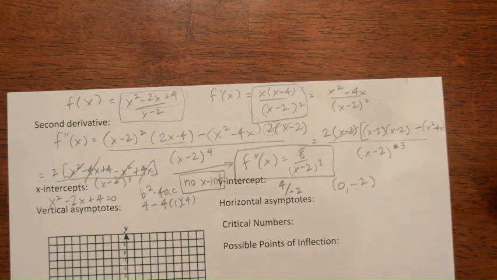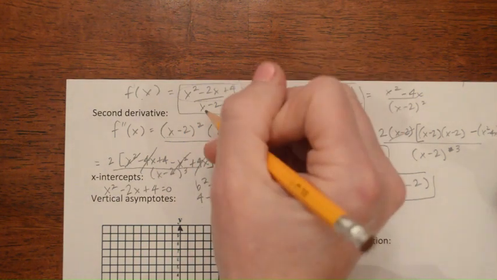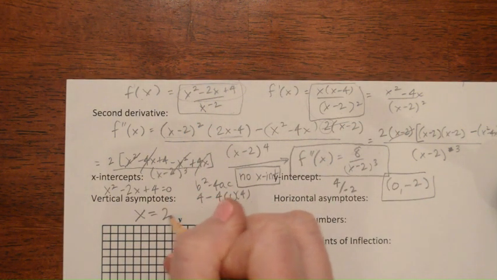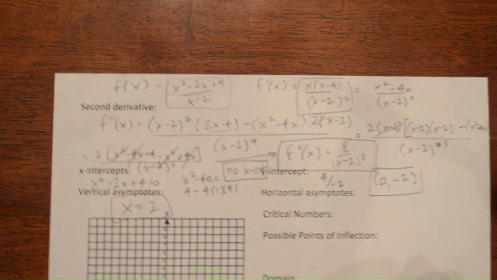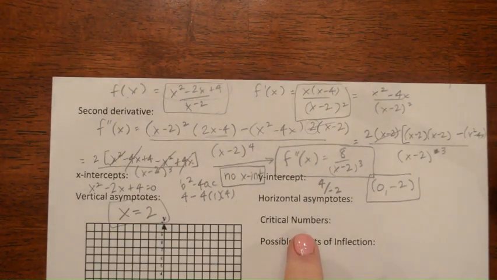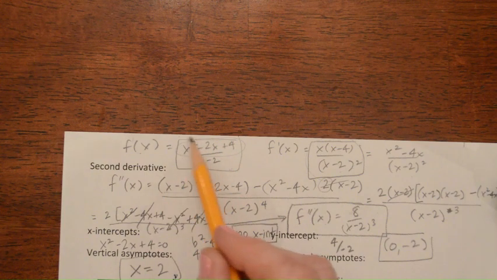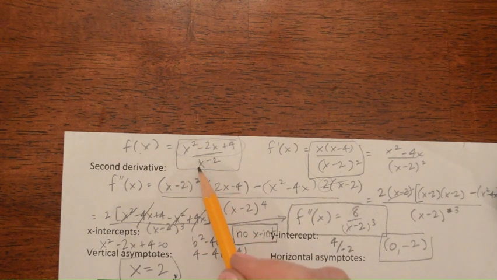All right, vertical asymptotes come from where is the denominator 0. So we just have a vertical asymptote at x equals 2. Horizontal asymptotes, this, again, the numerator is 1 degree higher than the denominator. We looked at situations like that where if this is 2 or 3 degrees higher than this, it just goes to infinity.